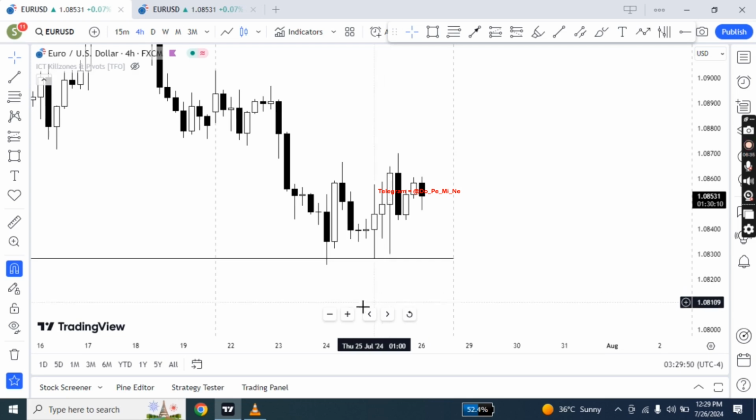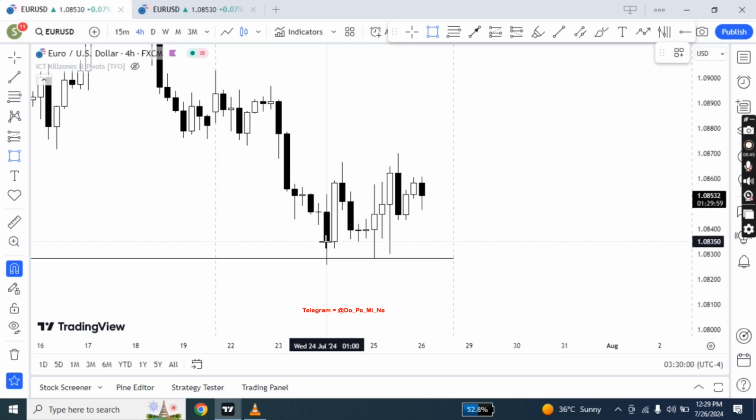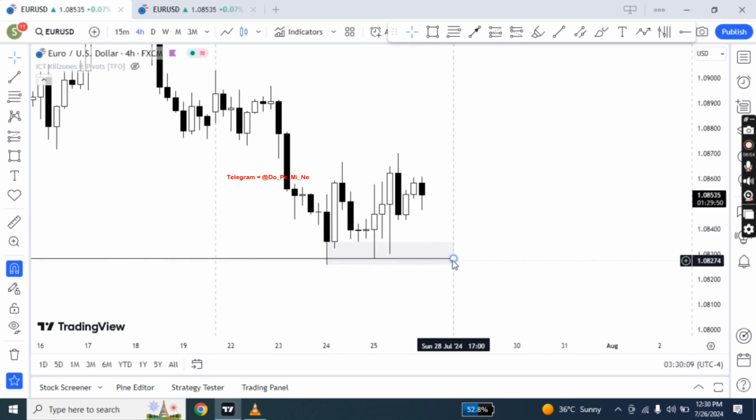But we know that we cannot expect price to make an expansion straight away, right? First of all, it has to test a higher time frame key level, and then it can make an expansion higher. And the key level here that catalyzed this expansion was this rejection block on the 4 hour on Thursday, right? This rejection block led to this expansion right here, which I was expecting.